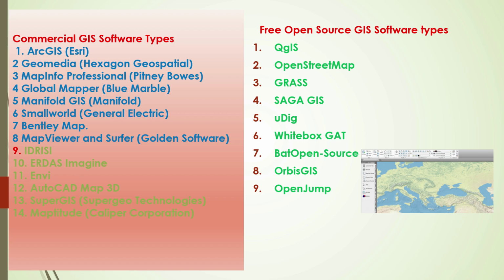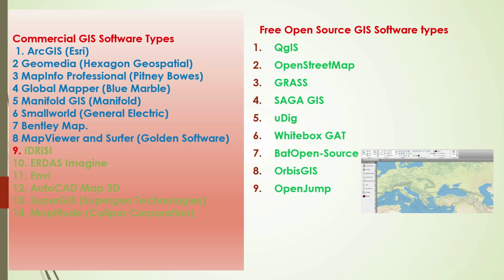And we have also OpenStreetMap, we have GRASS, we have SAGA GIS, we have uDig, we have Whitebox GAT, we have BAT Open Source, we have Orbis GIS, and we have OpenJUMP. These are the free open source GIS software. You need to understand how you can implement your project in any of these.